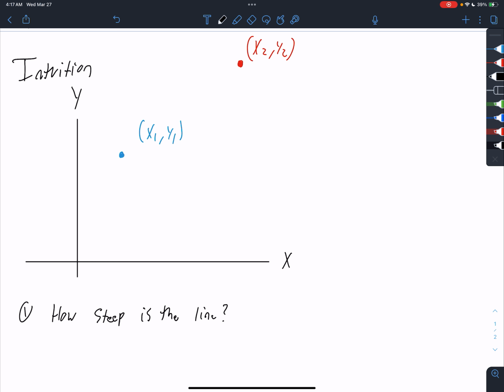So, just moving this back. The first question is, how steep is the line? Because we could say, okay, we can walk this way, but that doesn't get us down to our x2, y2, doesn't get us down to our red point.